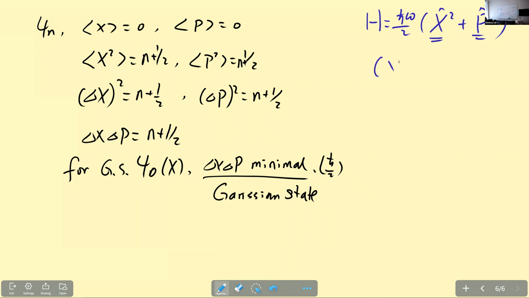Okay, so if you do the exchange, this Hamiltonian is invariant.